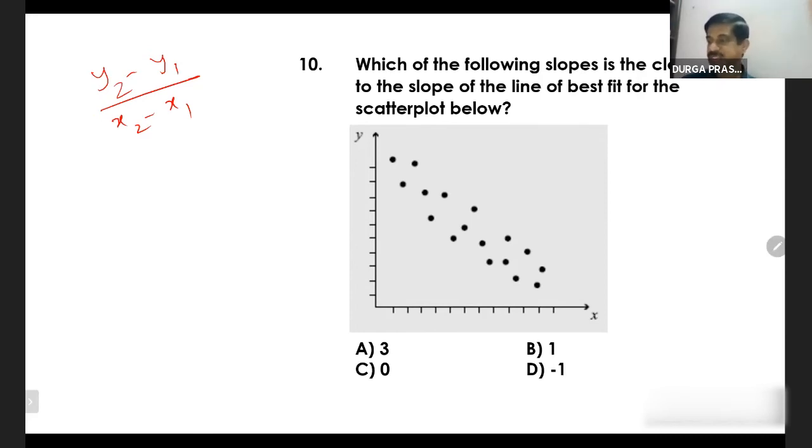If you take the slope, y2 minus y1 is 0 means the two points should be on the same line. If you draw a horizontal line and 2 points are on the same line, then y2 minus y1 becomes 0, whereas x2 minus x1 is something.